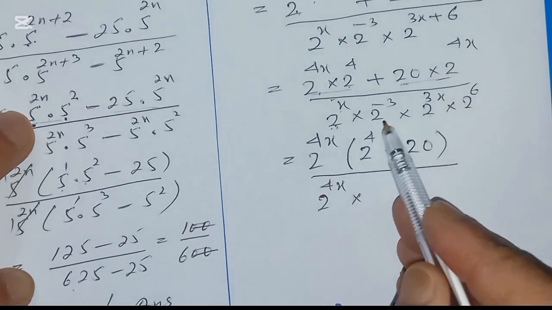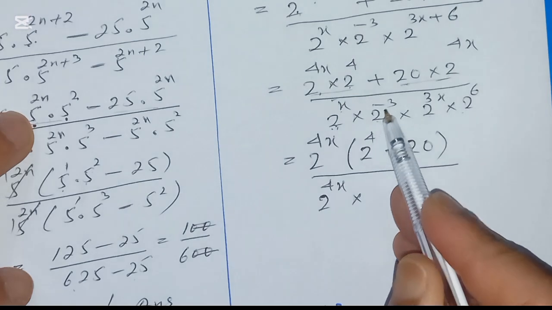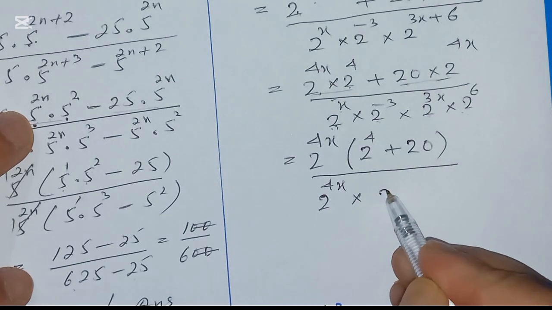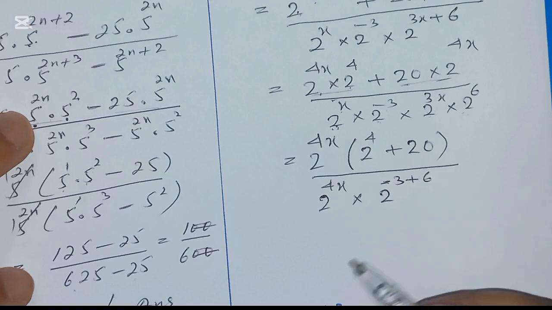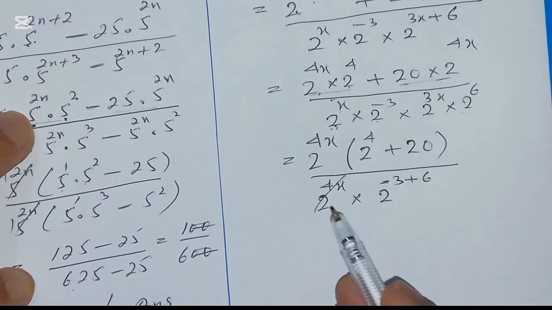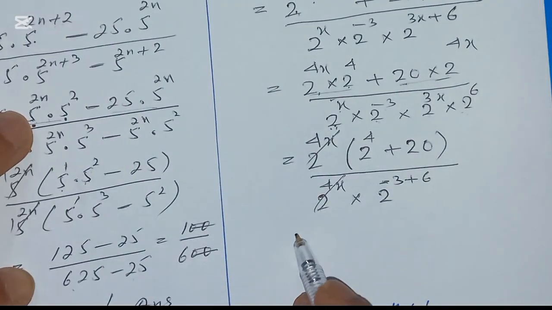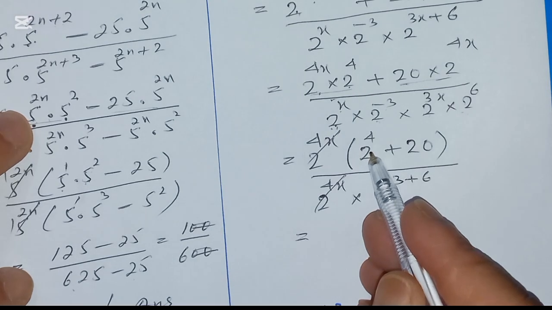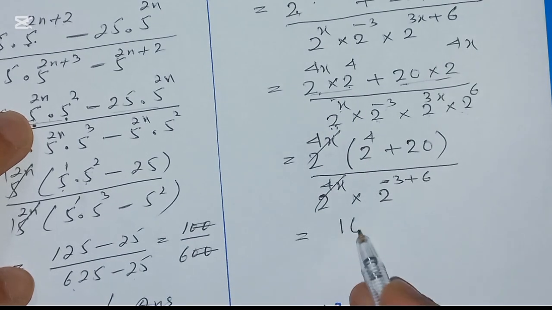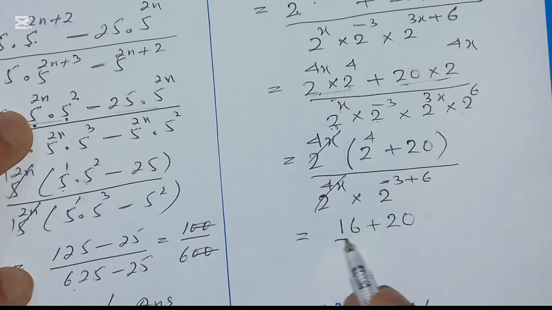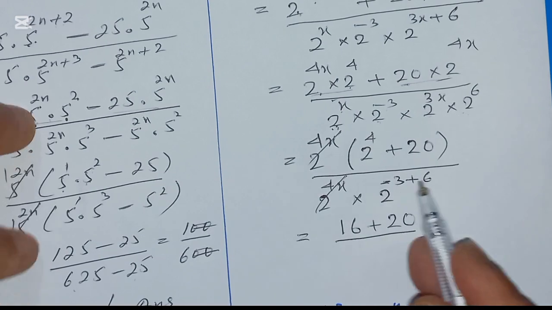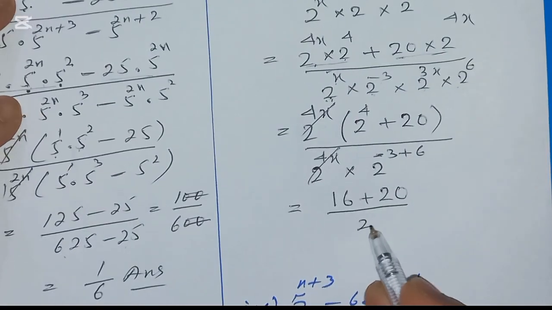Their other bases are 2 power minus 3 and 2 power 6, so it can be written as 2 power minus 3 plus 6. Now this 2 power 4x cancels with 2 power 4x, and 2 power 4 means 16 plus 20, divided by 2 power minus 3 plus 6, which is 2 power 3.